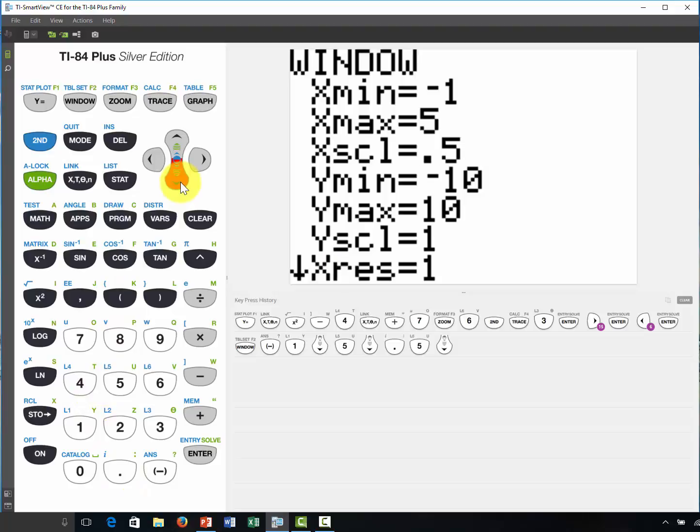You can use 1, it really doesn't matter in this case. For my y-min, it did not cross the x-axis, but I'm still going to use negative 1, and for the y-max let's use 5. And again, I want to count by 0.5. We hit graph.